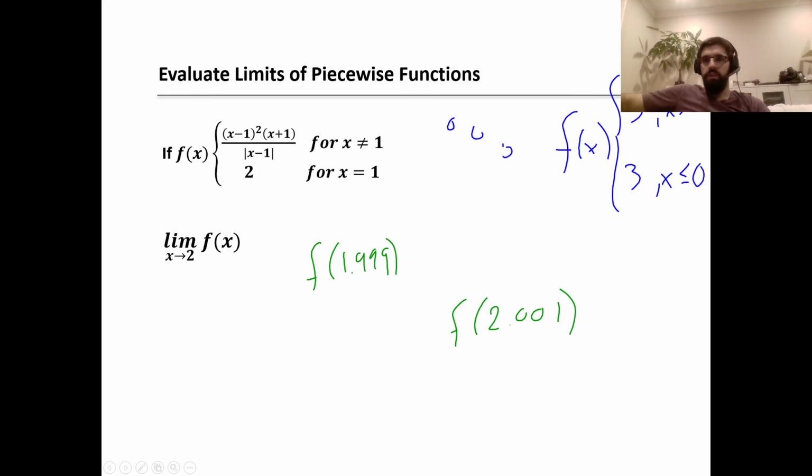So if I want to find the limit as x approaches 2 of this function, I'd have to figure out what 1.99 looks like, or as we get closer to 2, and what 2.001 or 2.0001 looks like. But basically we would be using the top function.